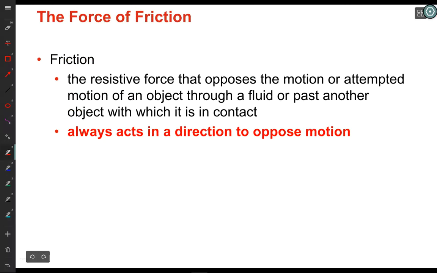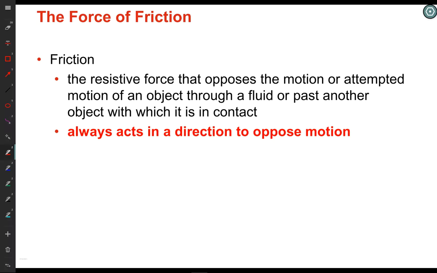Okay, friction force. A friction force is a force that acts between 2 surfaces to keep them from sliding. And there's actually 2 types of friction we talk about. First, I've got these weights here. I will push on them horizontally, and it's not moving.